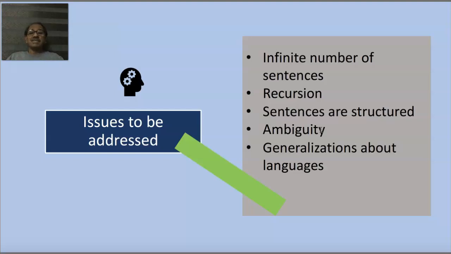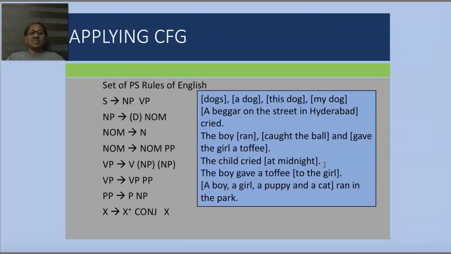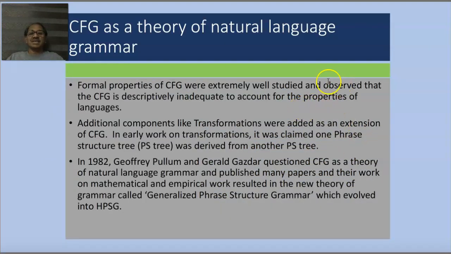Up to this point, phrase structure grammar looks like it can account for languages. But a particular thing about languages, that is generalizations about languages, are not accounted for. Generalizations, what is common between languages, that is not possible with this theory of natural language.